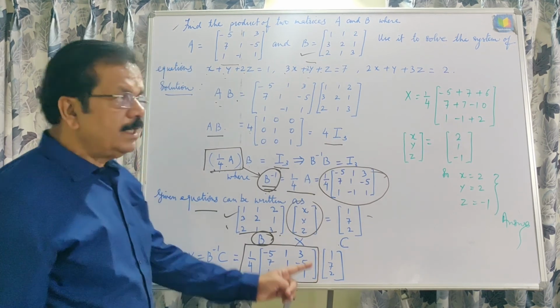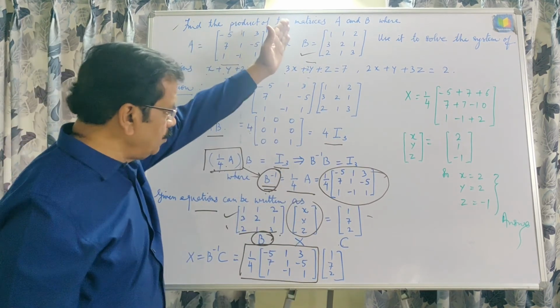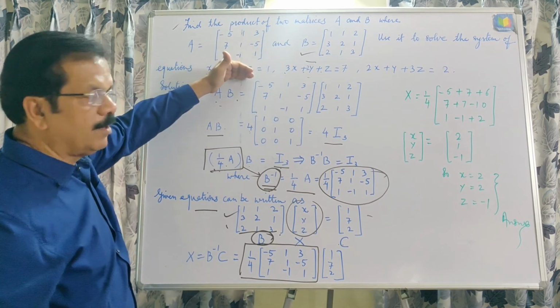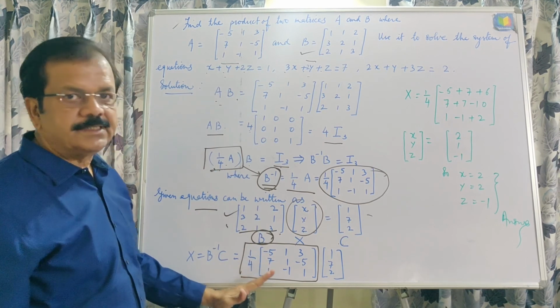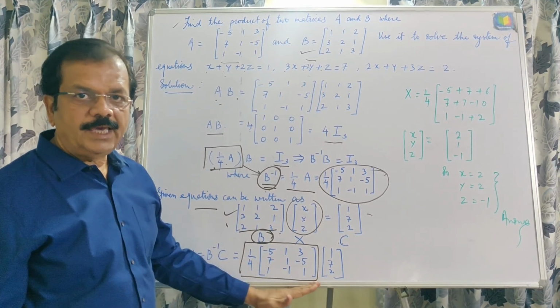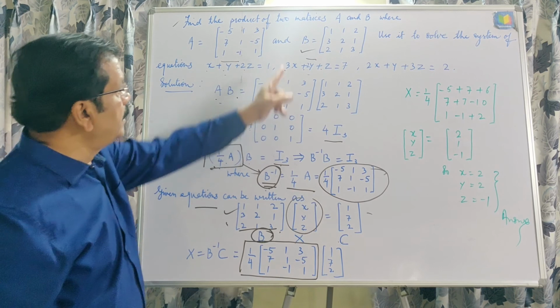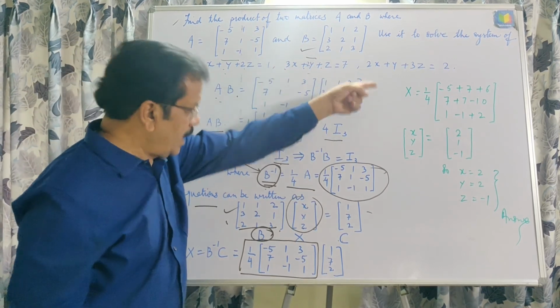That is why this product can be used in solving this system of linear equations, with B inverse written as 1 upon 4 into A, and then C is 1 7 and 2.